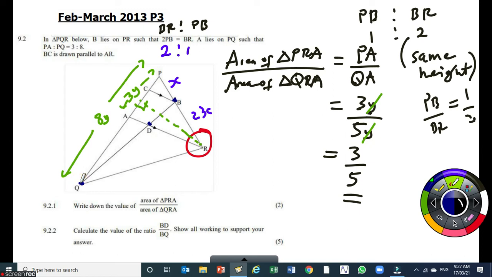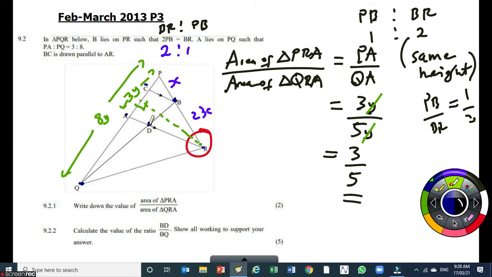You may need another constant to do that. So for you to be able to carry on finding that ratio, you may need to introduce another constant, or you can identify a triangle such that you can use the proportion theorem. And that triangle will be what? It will be BQC, because BC is parallel to AR, it's also parallel to AD. Okay? So I can use the proportion theorem there.